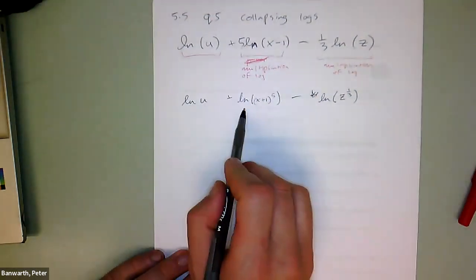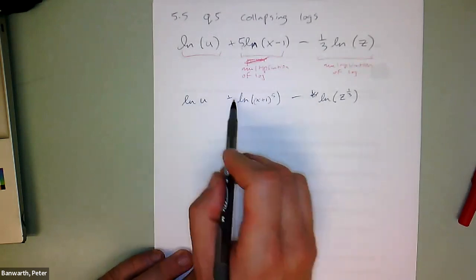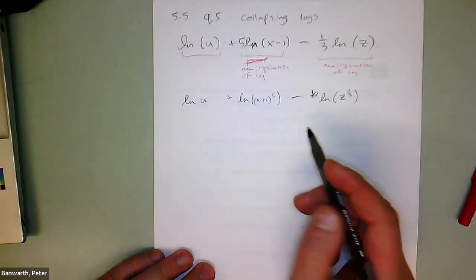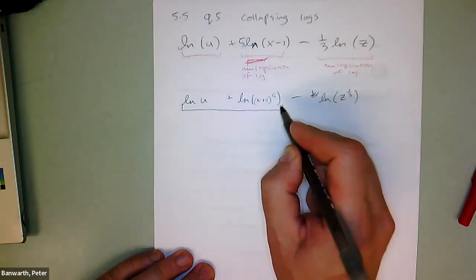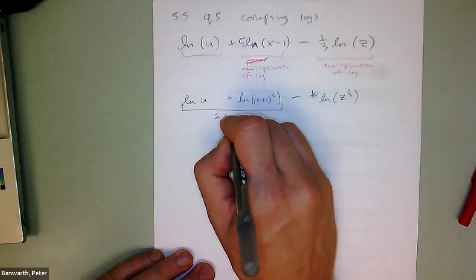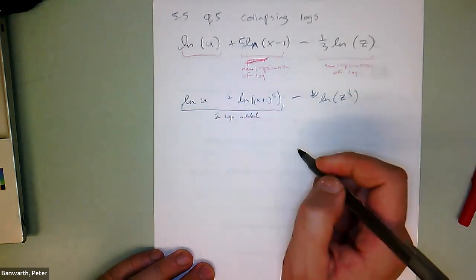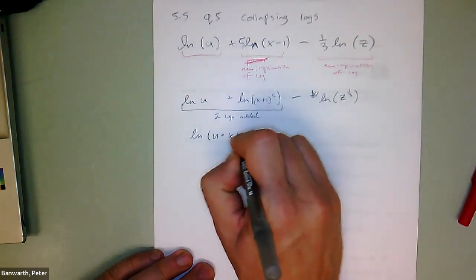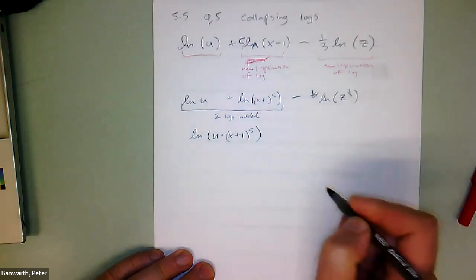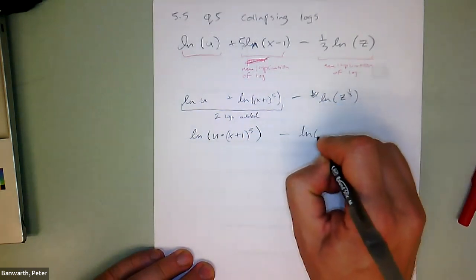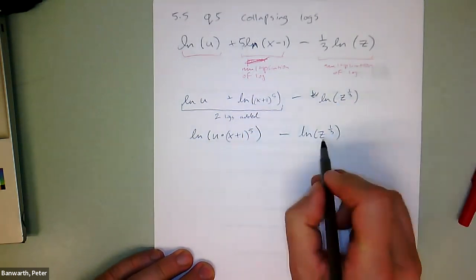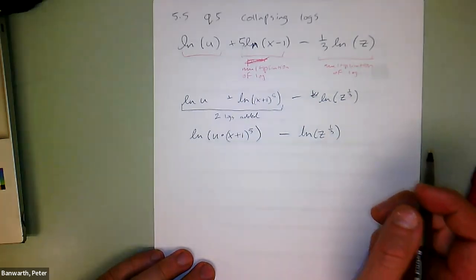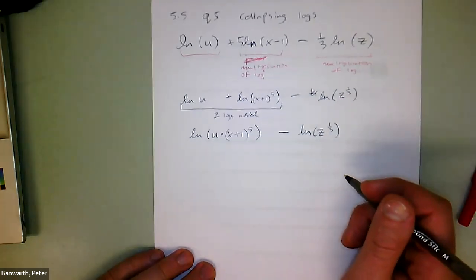Now I have a bunch of logs where the coefficient on each is just 1. So it's safe to start combining them. So I have 2 logs added here. So I can collapse them into a single log where they're multiplied together. I can write this as a cube root of z, but I'm not going to because I don't want to.